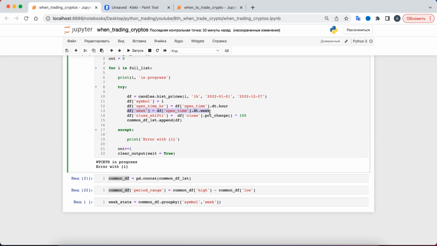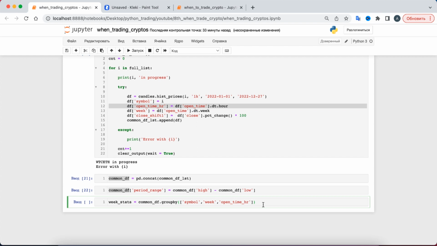You can see it here: by week and by open time hour. We also created this column in the cycle. Okay, and we have period range as our key measure, and we calculate the median of the period.